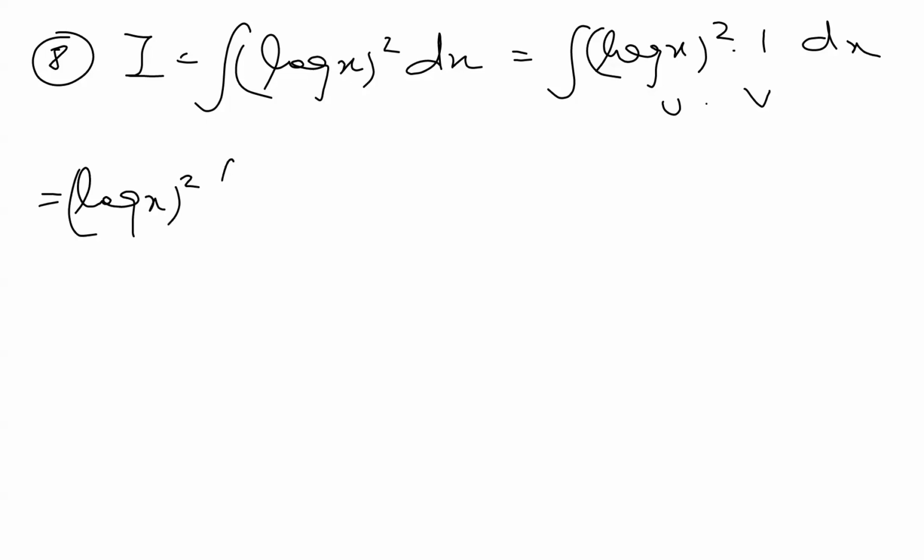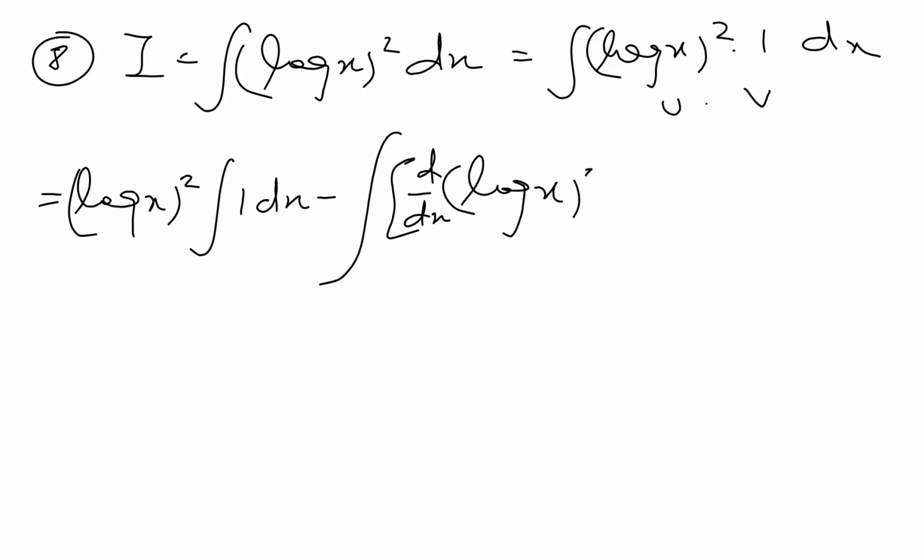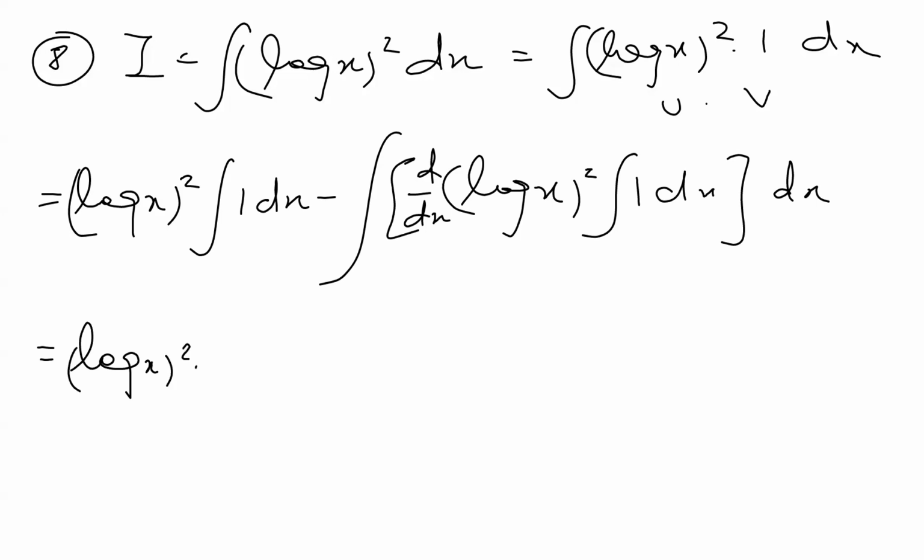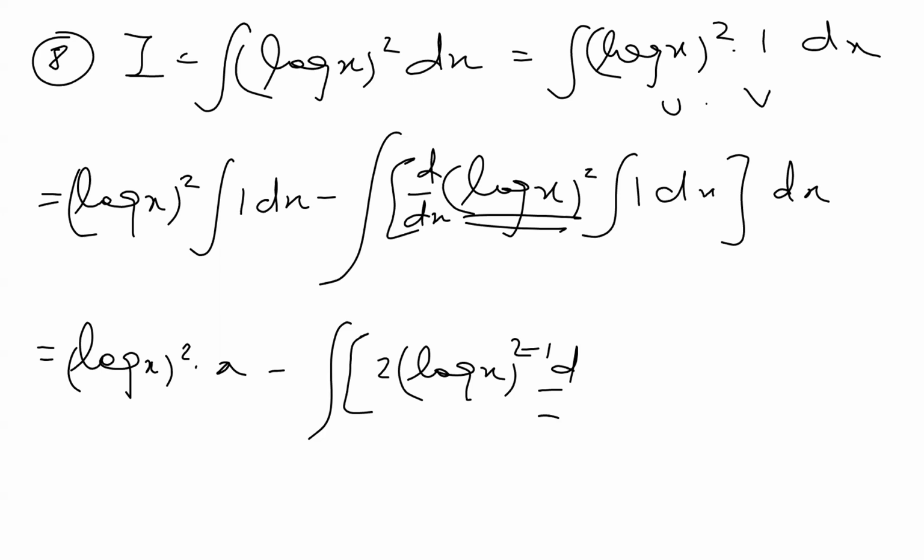(Log x) the whole square, integration of 1 dx, minus d by dx of (log x) the whole square, integration 1 dx, bracket close, dx. (Log x) the whole square into x, minus derivative of (log x) the whole square, 2 log x raised to 2 minus 1, d by dx of log x, and integration of 1 is x.